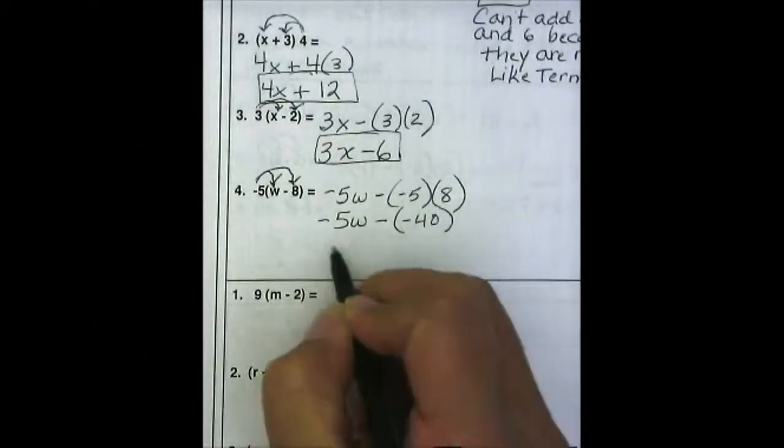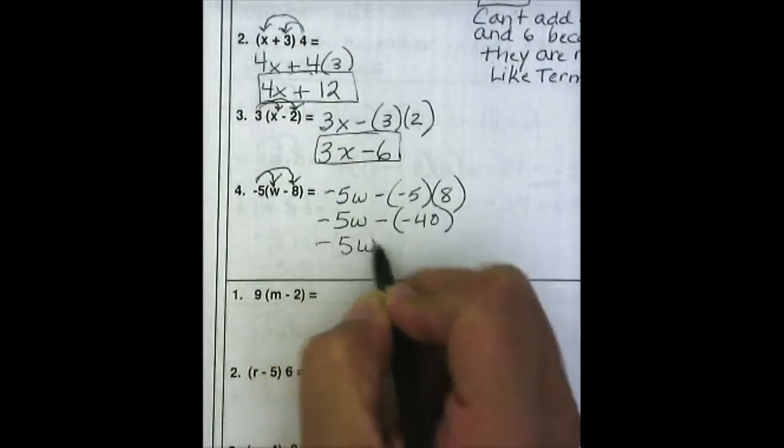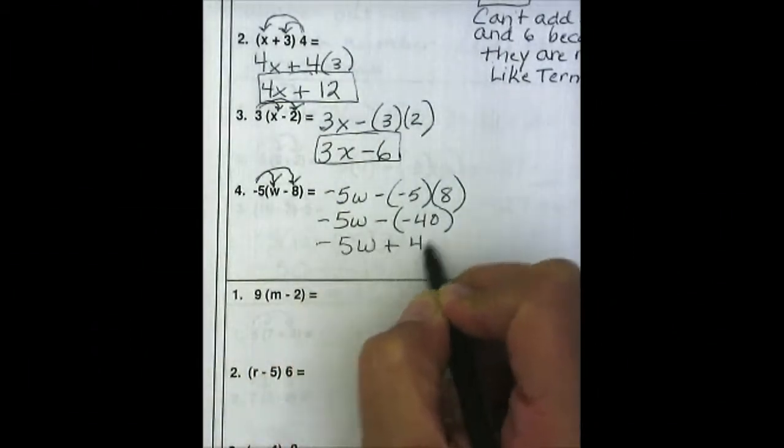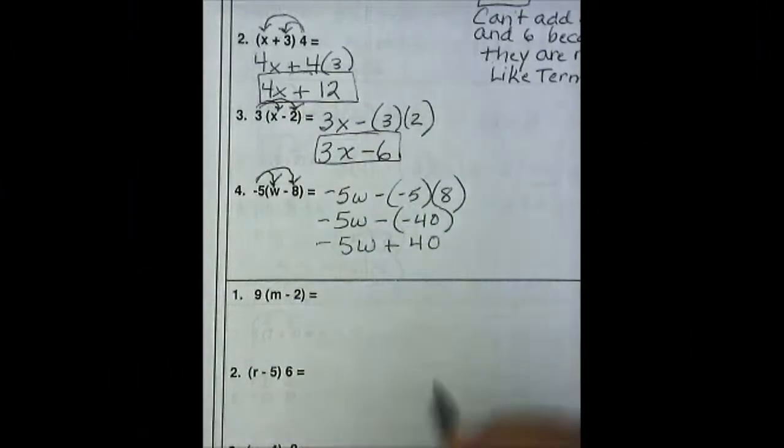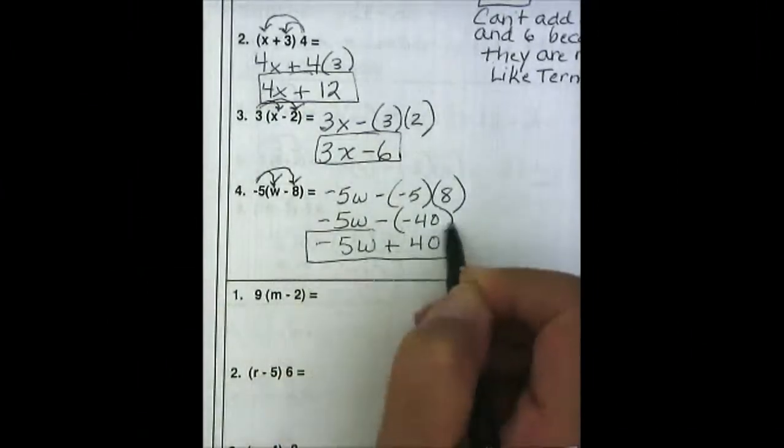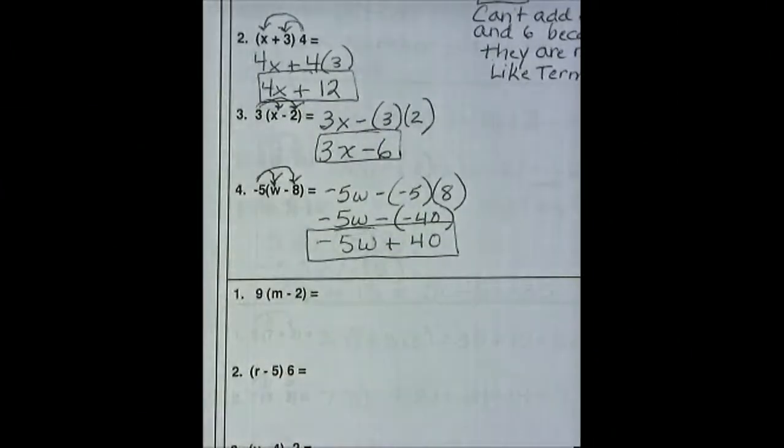Remember our same opposite rule, so negative 5w plus 40. And that's as far as we can go. We cannot add those two terms together because they are not like terms. Go ahead and pause the video for a few minutes, work practice problems 1 through 4, and then come back and we'll go through them together.